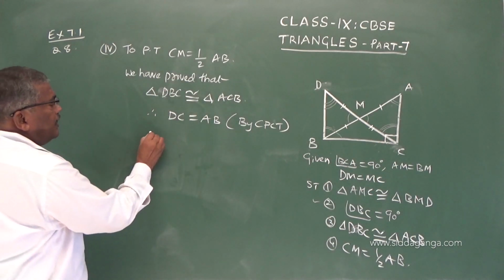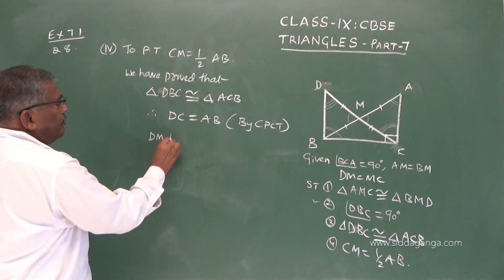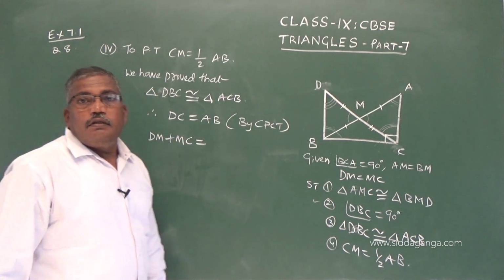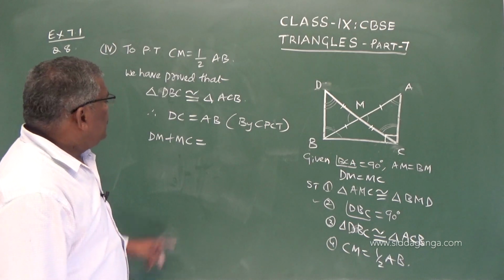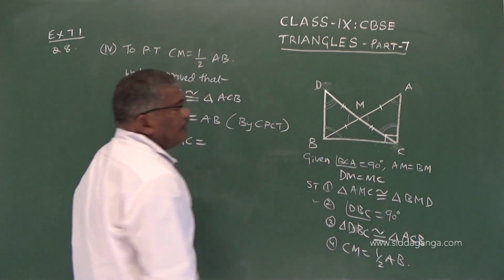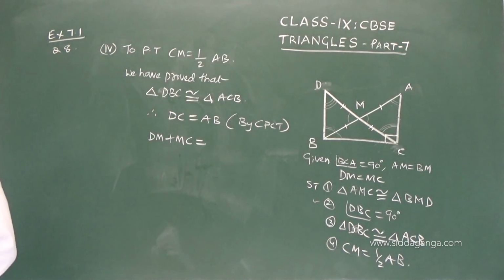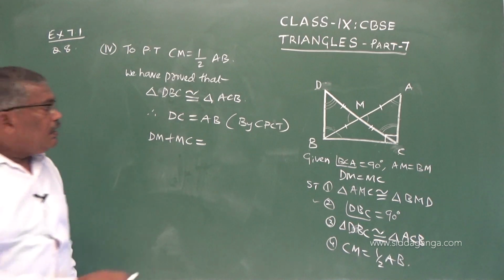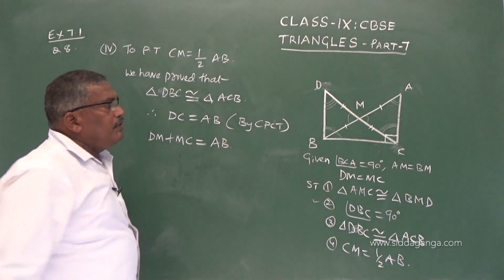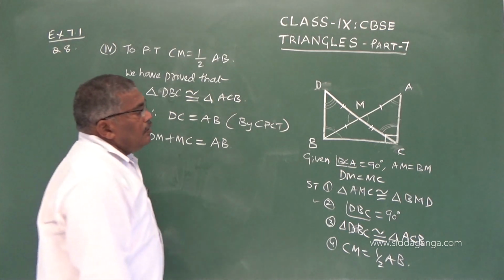So DC I will write as DM plus MC. Now DM plus MC is equal to AB. I will keep this AB as it is.